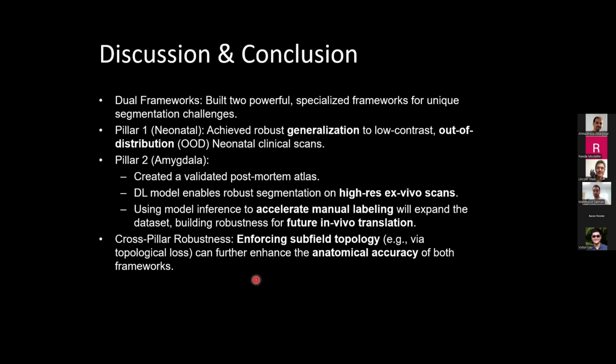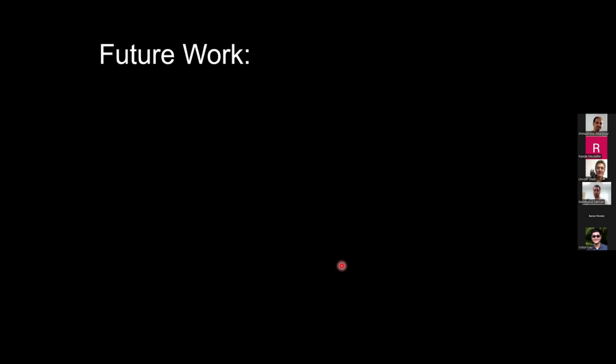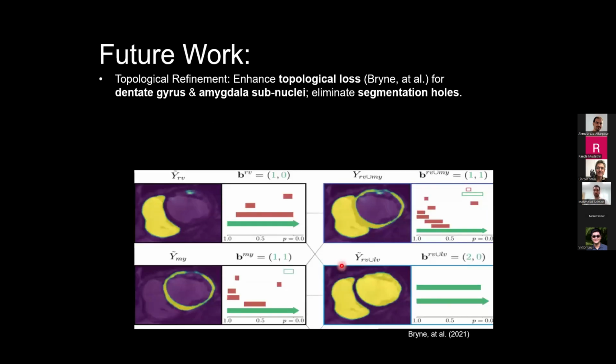And actually, there is still a point here: until now, SenseSeg did a really good job. But if we can even enforce this subfield or subnuclei topology via something called a topological loss, this can enhance anatomical accuracy. So what do I mean by topological loss? Brian had some work before in which he developed a topological loss, and this topological loss relies on something called the Betti numbers.